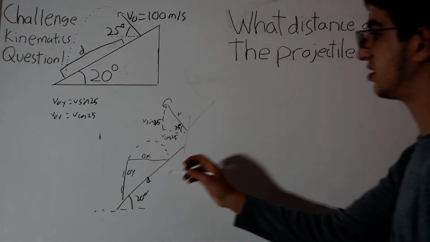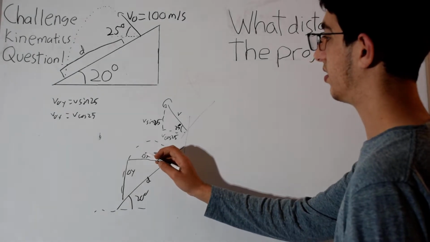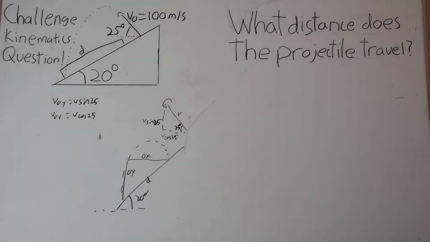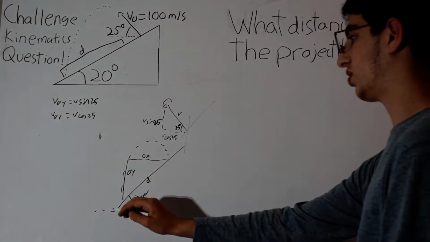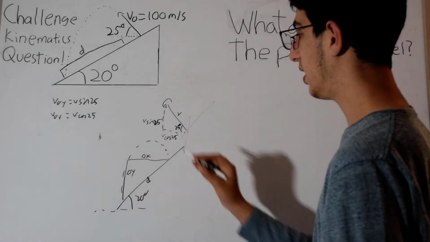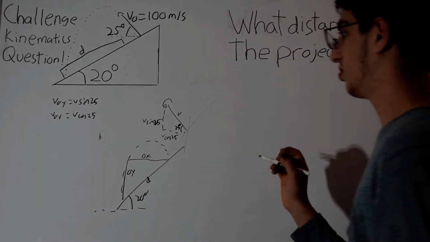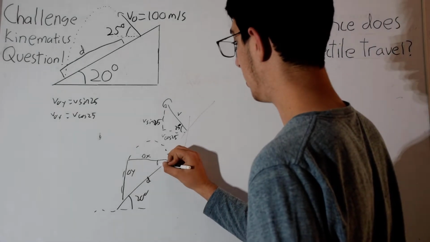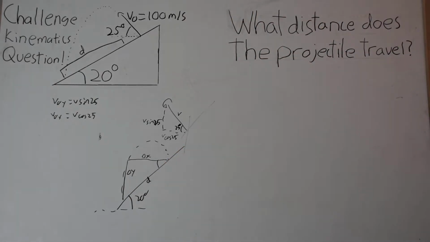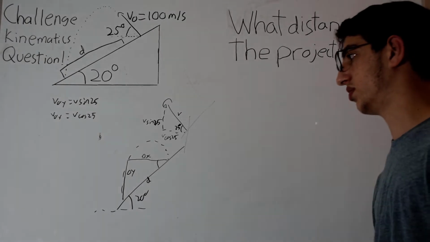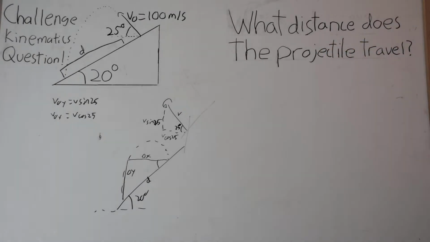Alright, so how can we use this distance to find this change in x and this change in y? Well, because change in x is parallel to the ground, these two angles make up alternate angles. And because they're parallel to one another, they're going to be the exact same value. And you can also do some right triangle geometry to prove that for yourself.